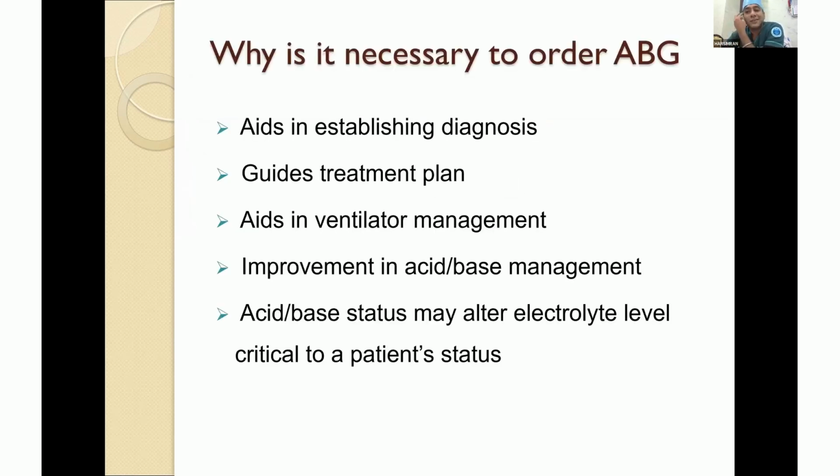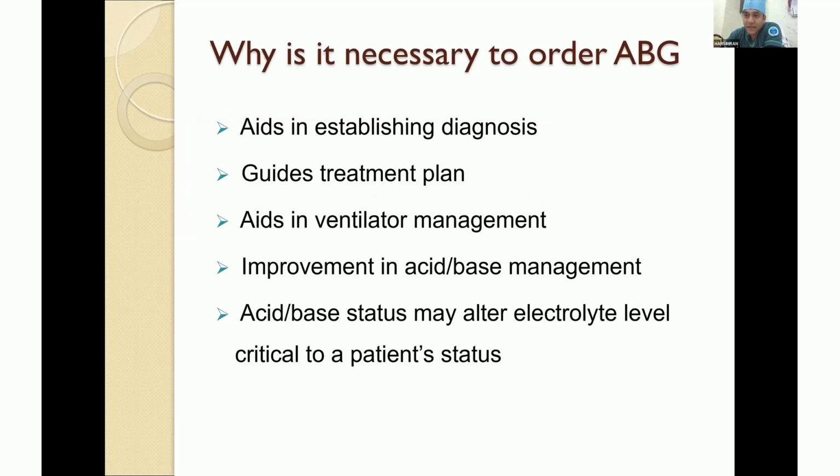Now moving on. Why do we need to order an ABG? Why should an ABG be done? As I told you, we already get to know almost 15 to 20 values. The important thing is it aids in establishing diagnosis. Once the patient comes to us, we need to know what is the underlying diagnosis. If we know the diagnosis, then we can guide our treatment plan accordingly.